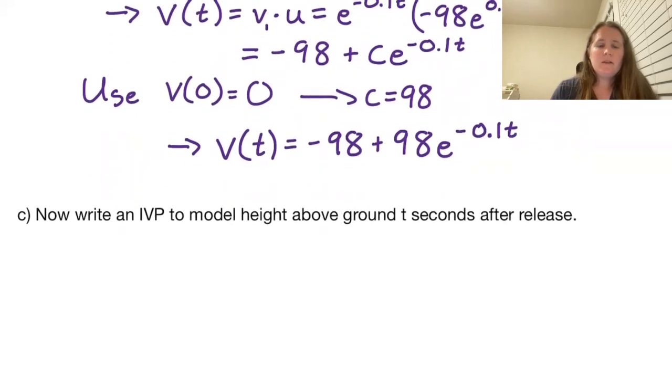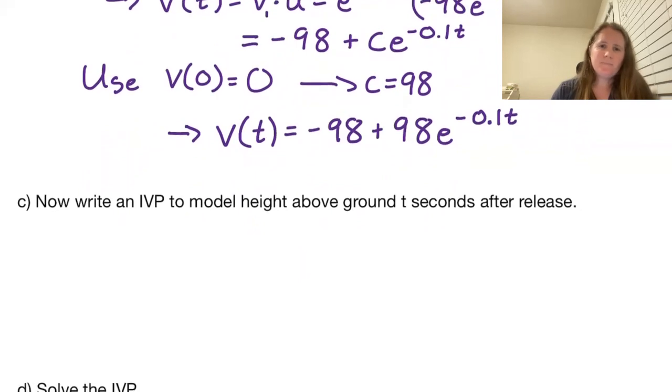Now from here, let's write an IVP to model height above ground t seconds after release. So V is just the derivative of height, essentially displacement from the ground.